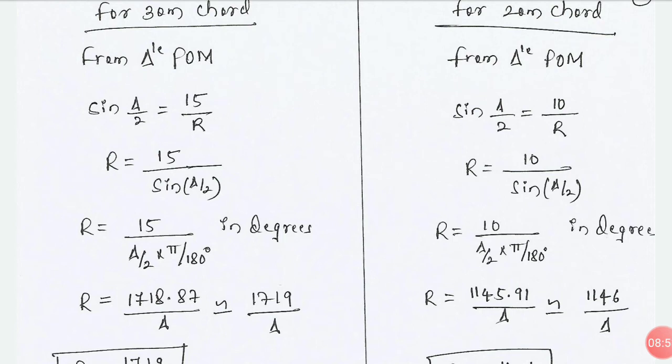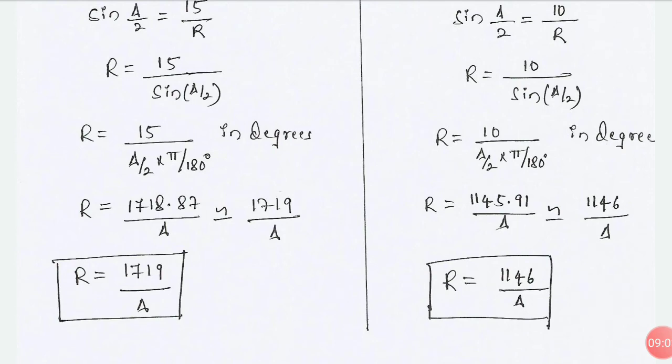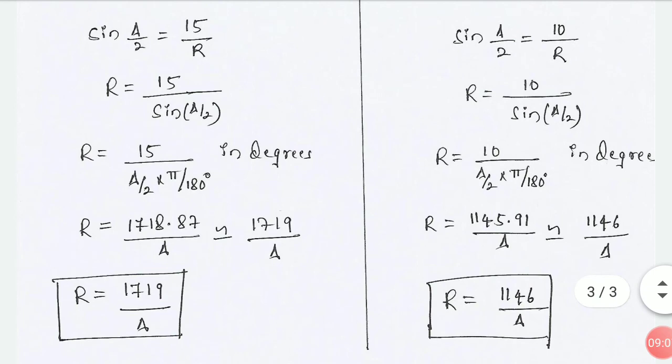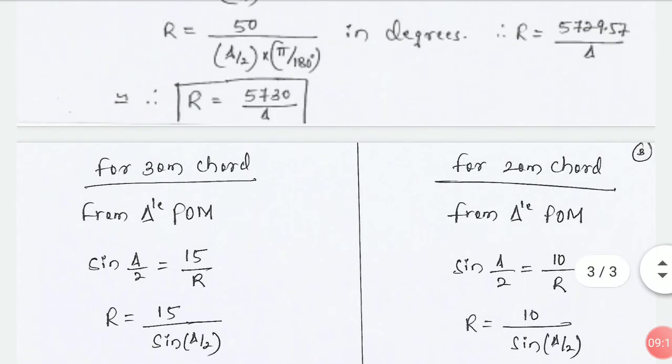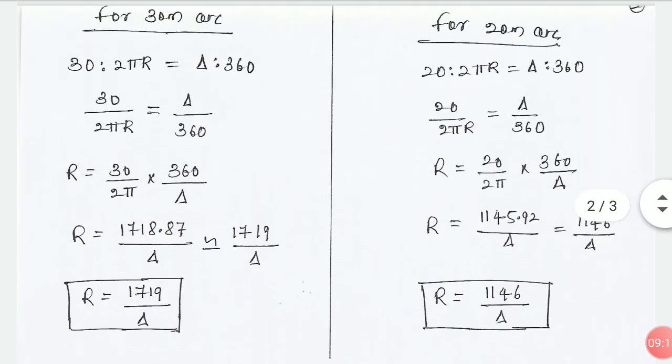The chord is 30 meters long, so half of that is 15. From triangle POM, again r will be 1719 by delta, or 1146 by delta. This is from the chord definition. Again match this with the arc definition, that is 1719 by delta and 1146 by delta.